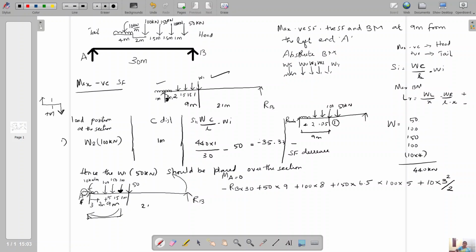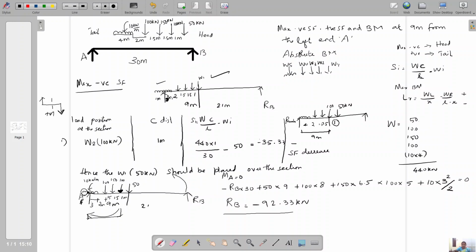This portion should not be considered. So the only loaded length is 3. So 10 into 3 square by 2 equal to 0. You please calculate the RB value. I am also going to check with the calculator. So the value is minus 92.33 kilonewton. Okay.